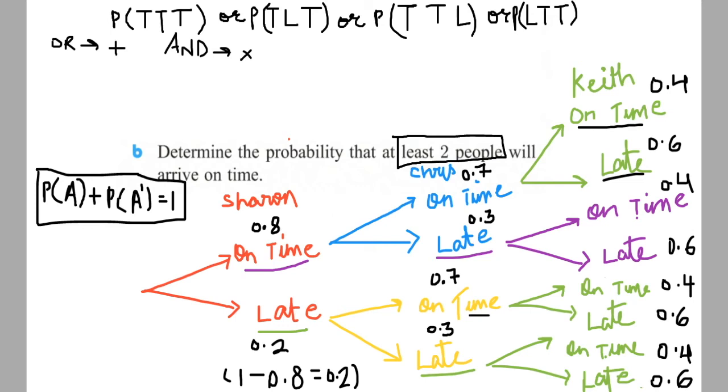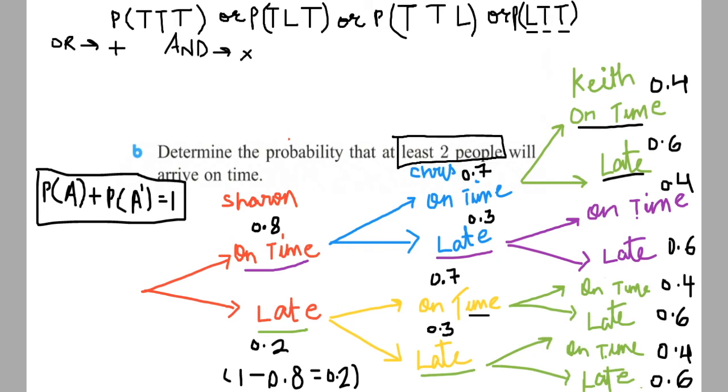Probability of Sharon being on time, Chris being on time, and Keith being on time. Or Sharon will be on time, Chris will be late, Keith will be on time. Or Sharon will be on time, Chris will be on time, and Keith will be late. Or Sharon will be late, Chris will reach on time, and Keith will reach on time.